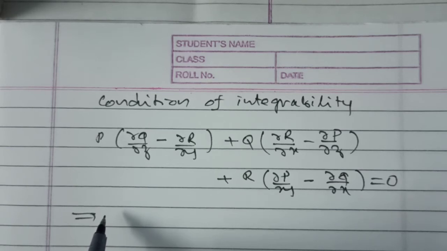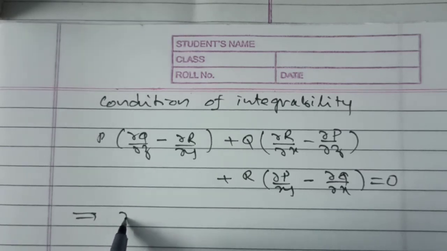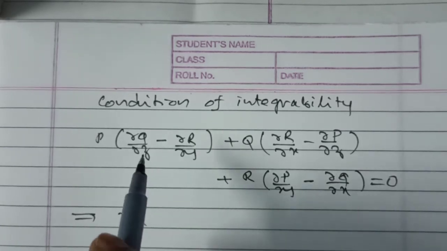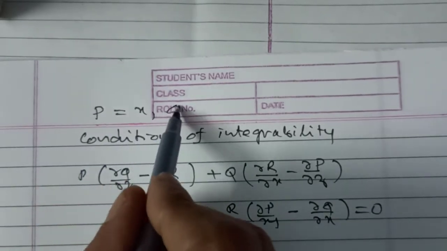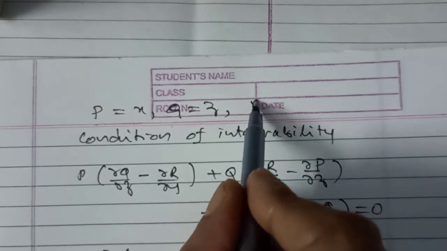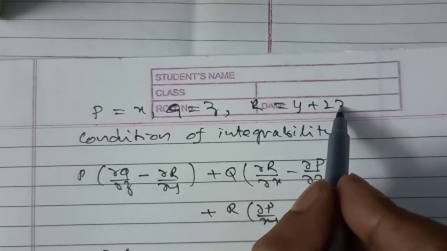Previously p is equal to x, q is equal to z, r is equal to y plus 2z.